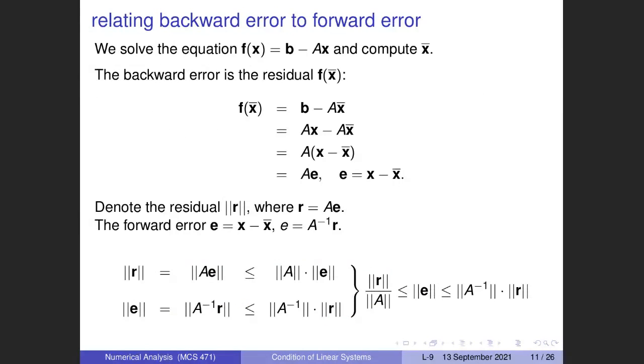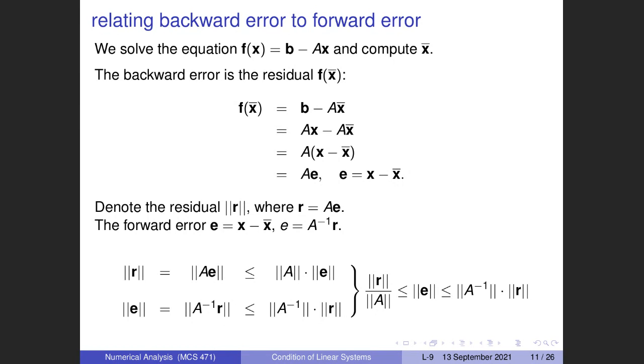All right, how does this now apply to checking the errors of linear system solving? As we have already seen last time, when we solve a system, we compute the residual.